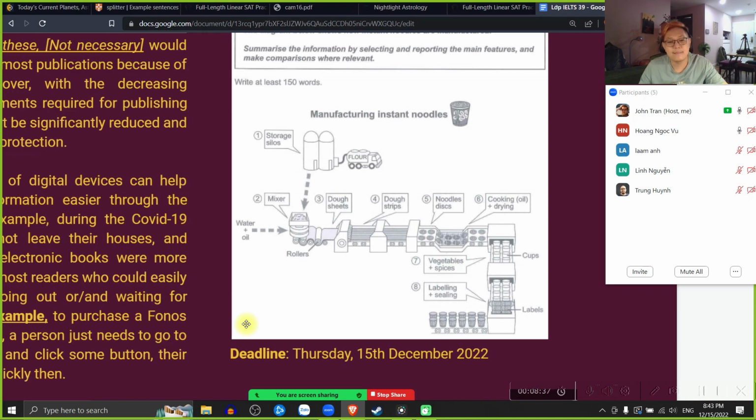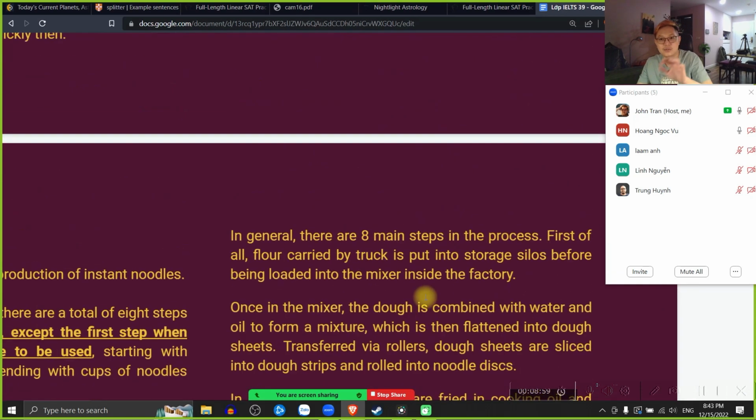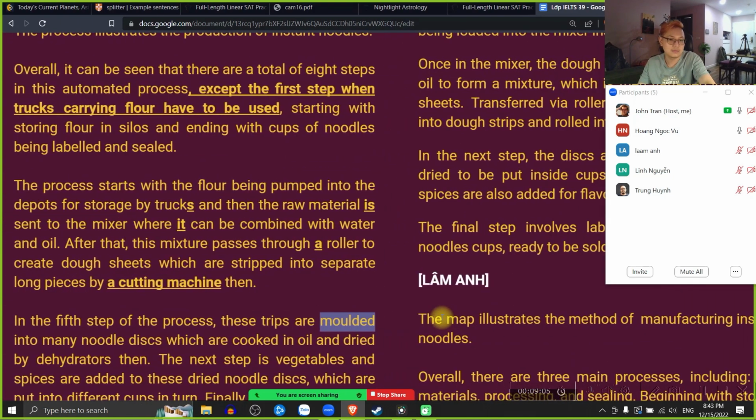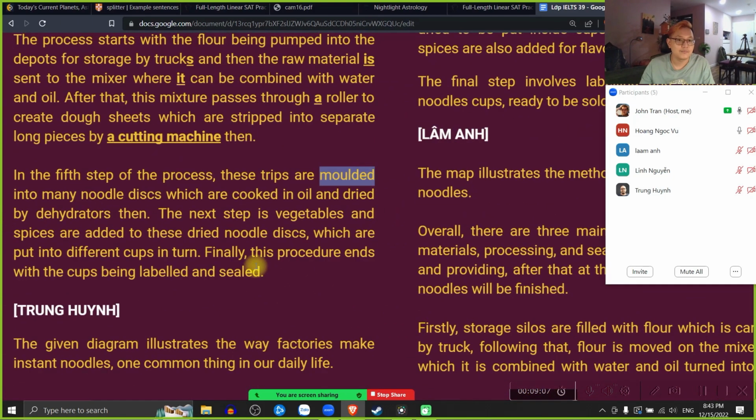But remember that a material can be wetted by oil. So by using dehydrator, it's not accurate. Dehydrator là loại nước thôi. Cho nên I think it's better to use drying. So you can use the word dryer, it's better. Okay.